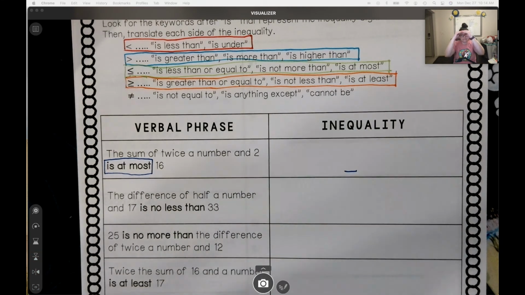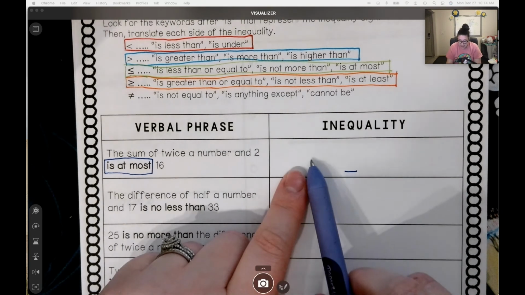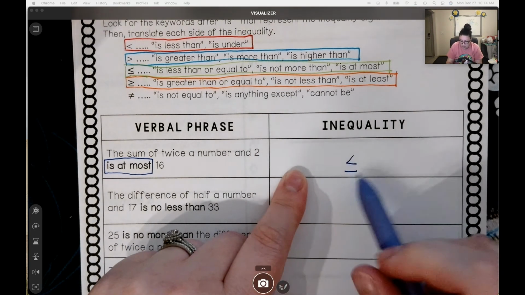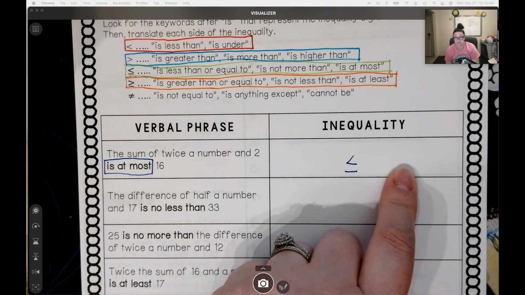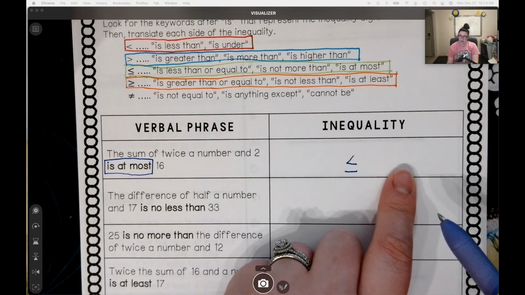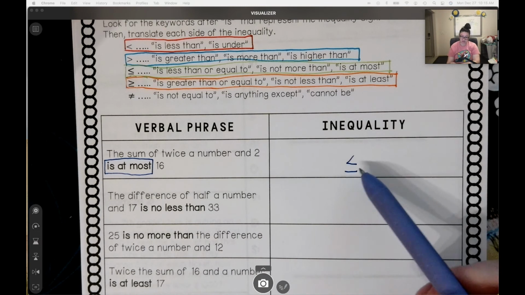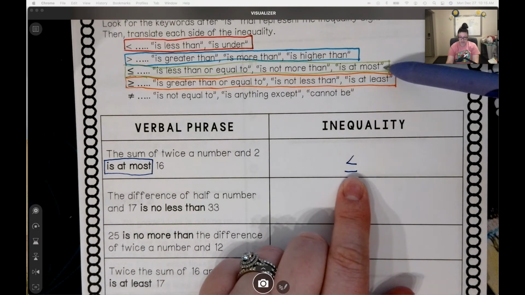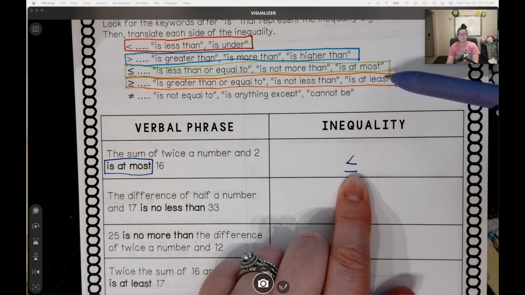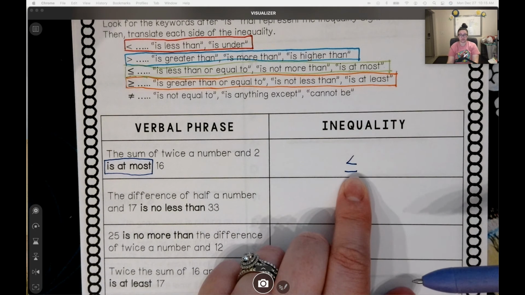At most means that's the biggest it could be. It cannot be more. So this side is at most. It could be less than, cannot be more than this other side. That's a lot to think about to figure out that inequality sign. And if we double check up top, we see at most there.